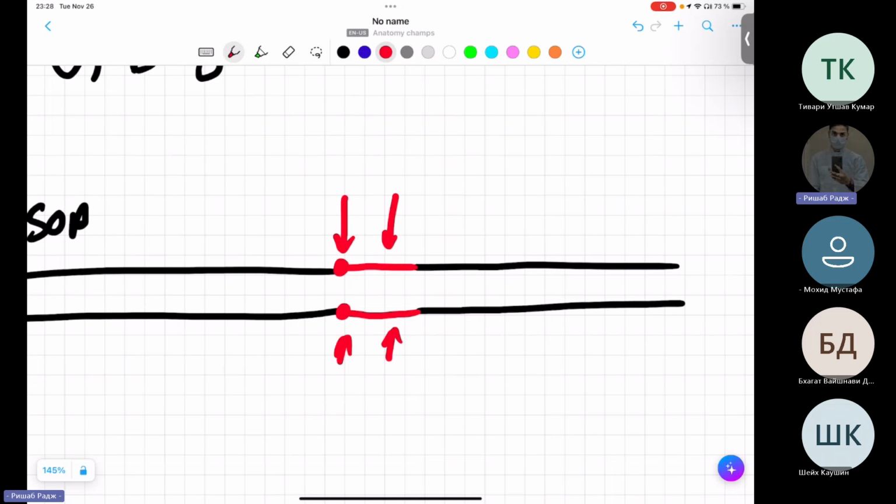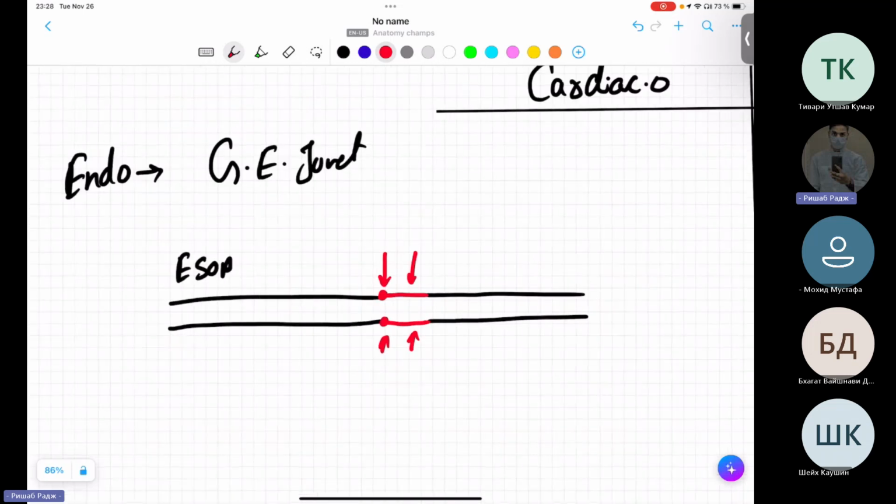How will you know? So remember, when you are doing an endoscopy, your gastroesophageal junction is 40 centimeters from the incisors. Okay, is this okay? Yes.